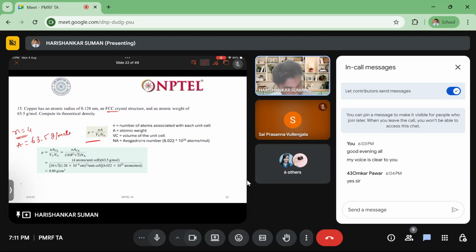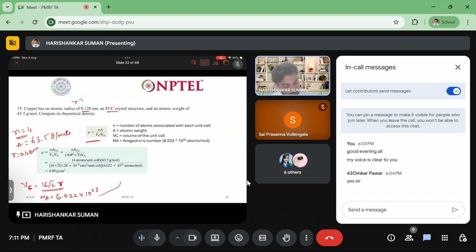And VC, in terms of radius, you have R given. So we have already calculated VC, we have it like that, 16 root 2 R cube, and NA is the constant 6.022 times 10 to the power 23.